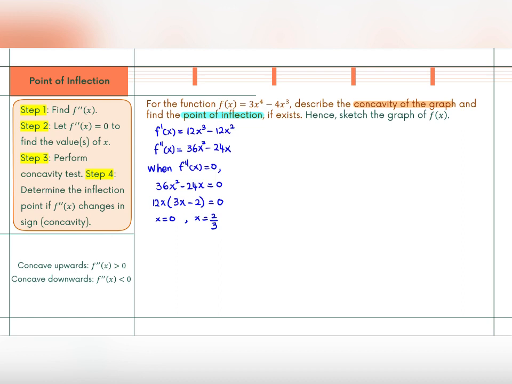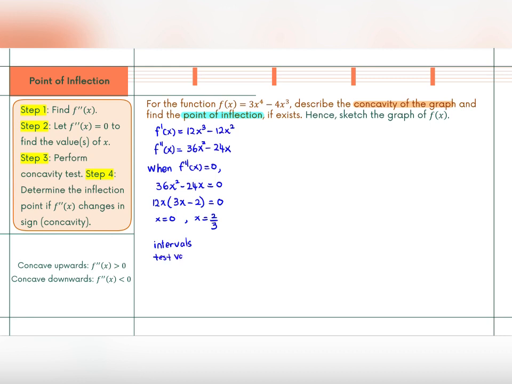Okay, so let's perform our concavity test, which is our third step. Okay, so concavity test, kita akan buat table yang lebih kurang sama dengan first derivative test. Cumanya, on sign of f prime x, kita akan tukar kepada sign of f double prime x. Alright, so the first one kita perlu ada intervals. Okay, and then kita perlu ada test value.